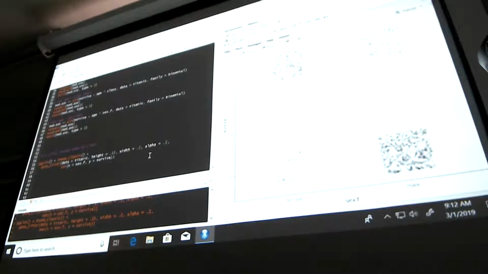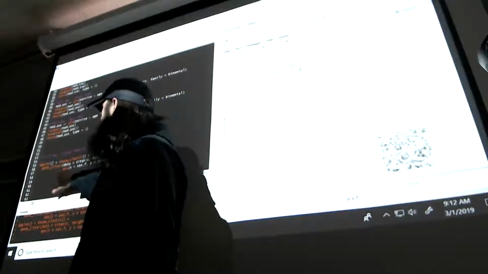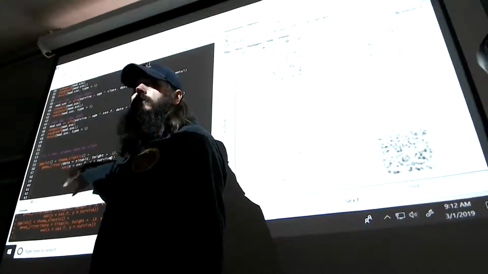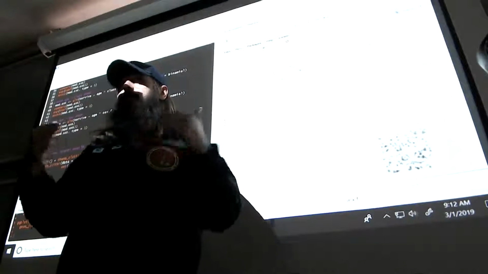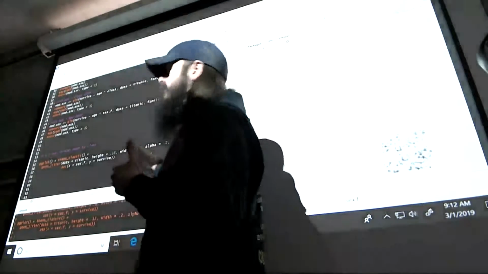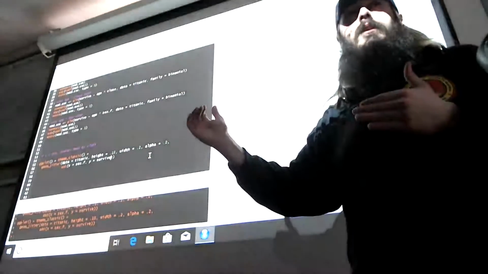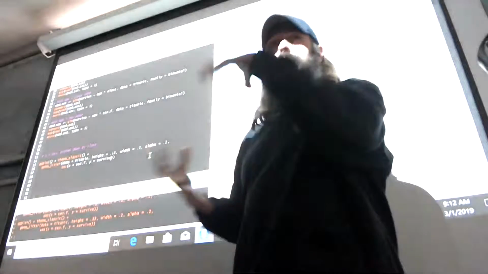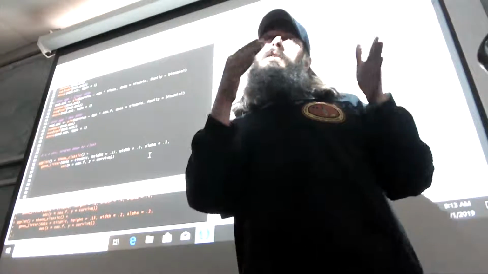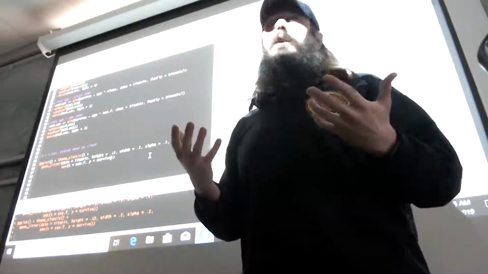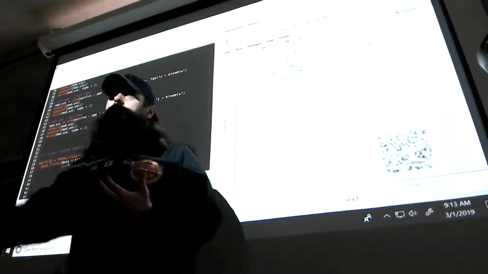Remember that the aesthetics are a way of telling ggplot, there's something that I want to have on the graph that is a direct function of what's in the data. So if I want to color it based on the value of that particular data point, or I want to make a shape or the size or anything depend on what is in the data, that is an aesthetic. If the data is irrelevant to it, then it's not an aesthetic.